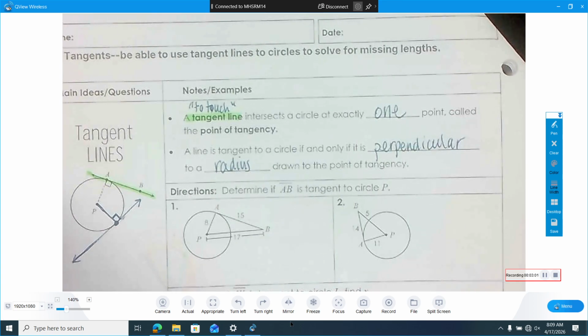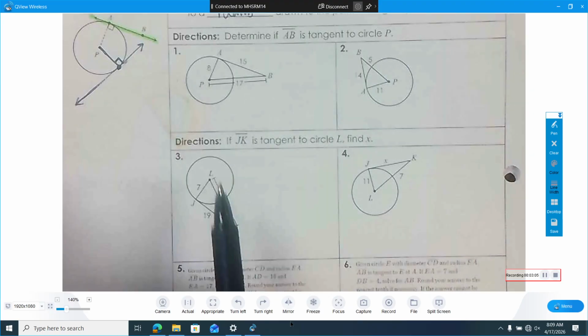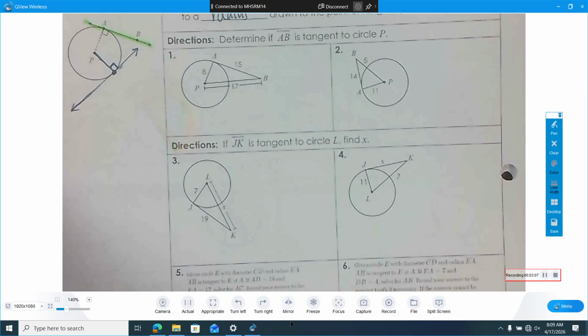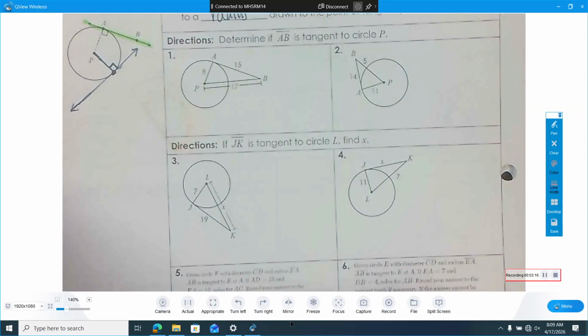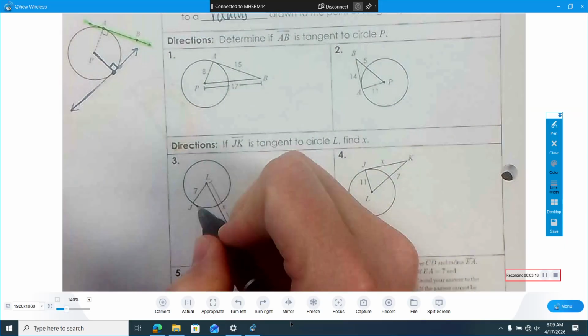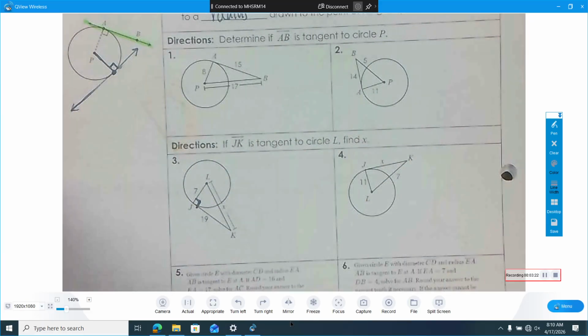We're going to skip right down here. Number 3: if JK is tangent to circle L, find X. They're telling us that segment JK is tangent, and if it's tangent, then I know that it has a right angle from the radius to that tangent line.